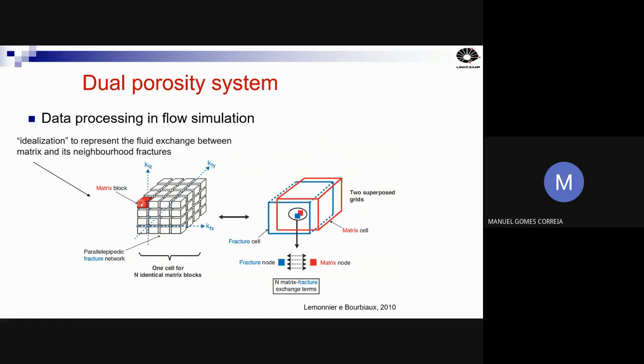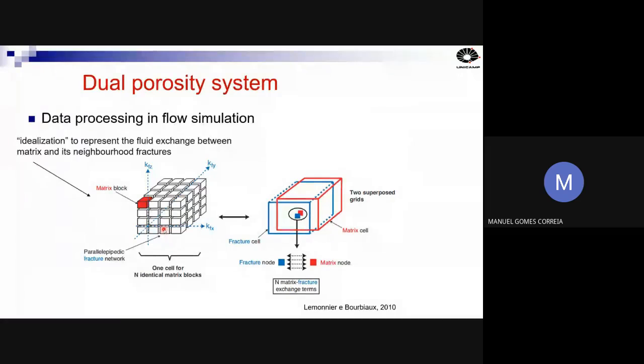So you have a lot of matrix, a lot of fractures here that could be horizontal and vertical, for each block that you have. So the number of these fractures that you have is related to the fracture spacing, okay?